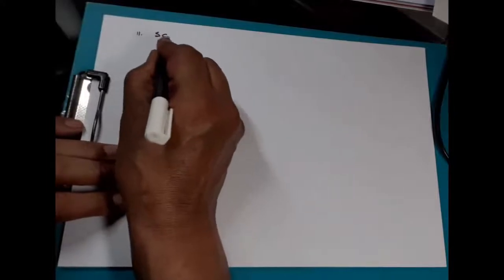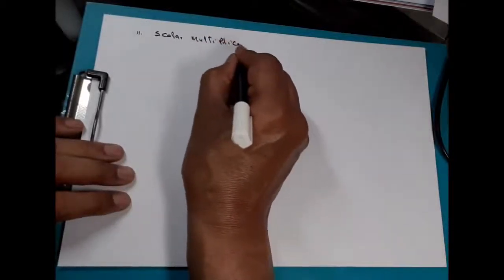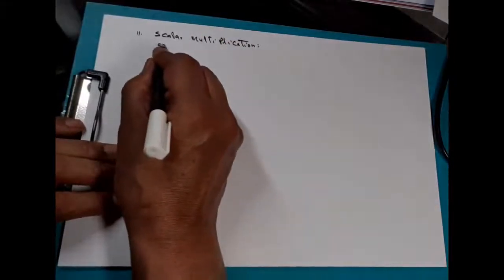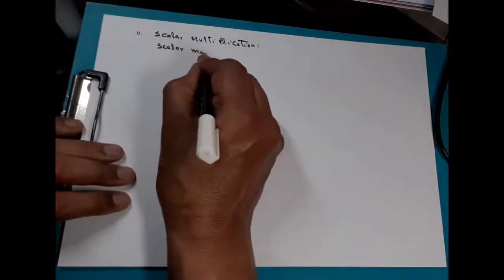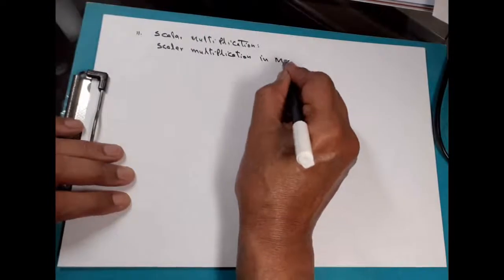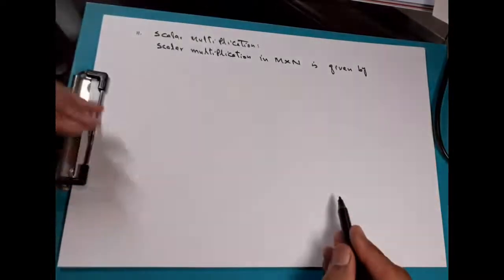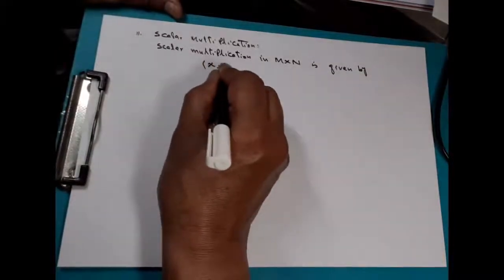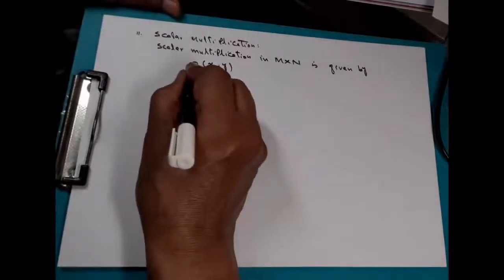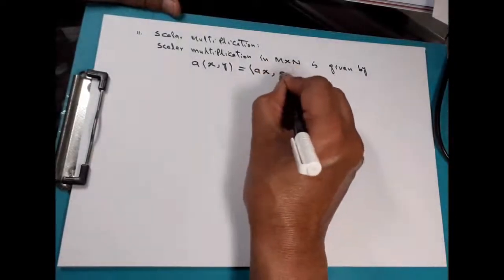Now we come to scalar multiplication in M cross N. Scalar multiplication in M cross N is given, again component wise, as follows: if (x, y) is an element of M cross N and a is an element of the ring, then their composition is defined as (ax, ay).